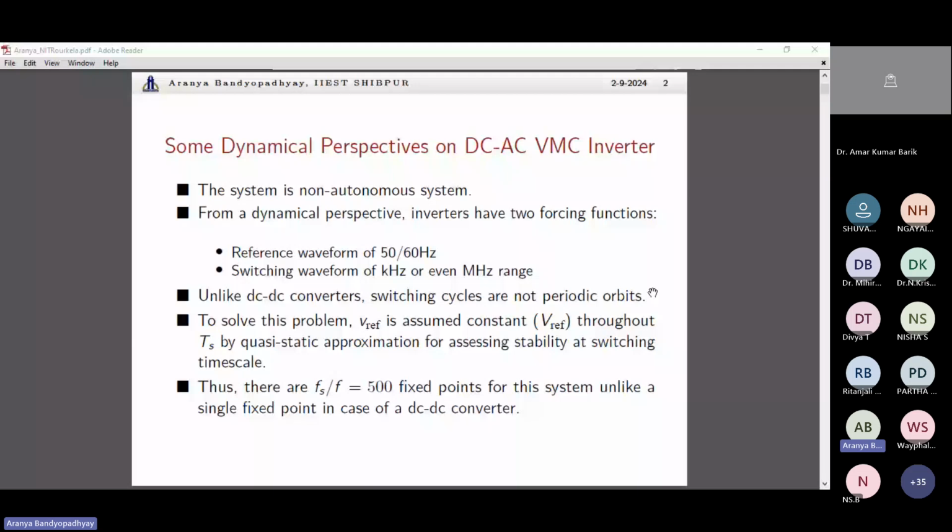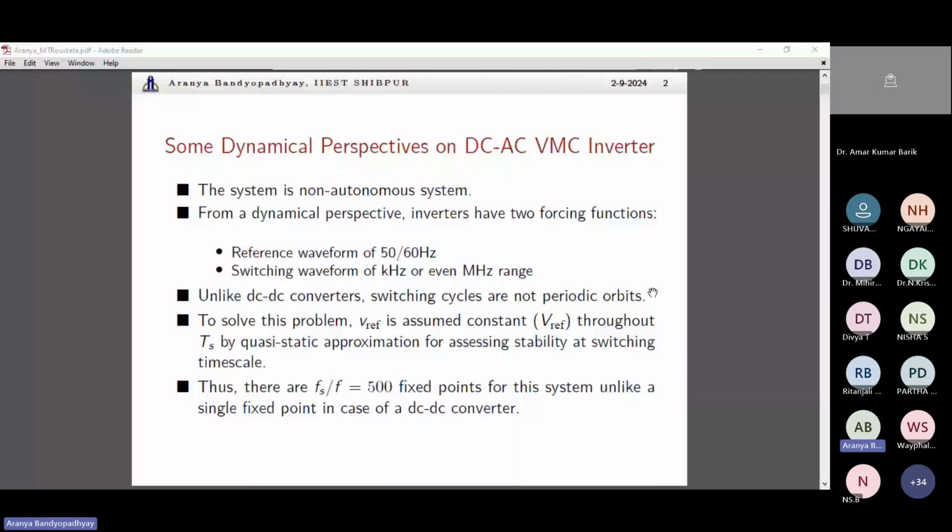Small vref means it is an AC quantity, and capital Vref means it is a DC quantity. So we will assume that at least throughout a particular switching time period, the effect of the 50 hertz waveform, as I have said, will inevitably turn the system into a kind of DC to DC converter.